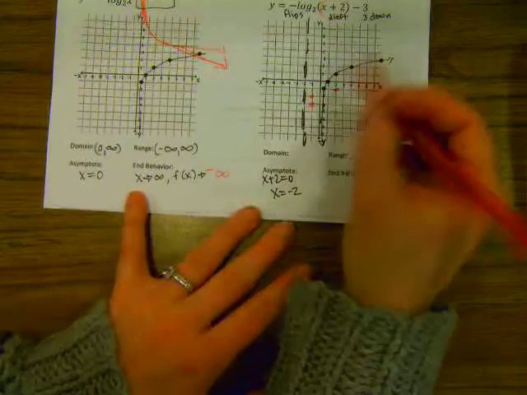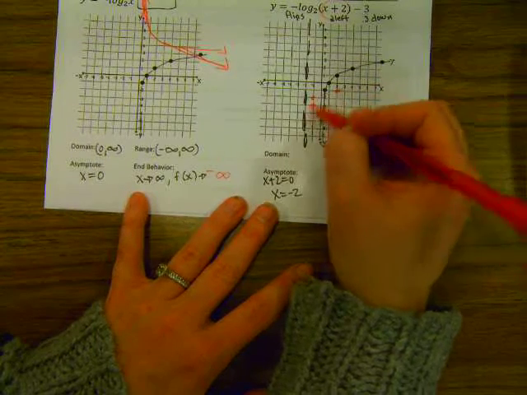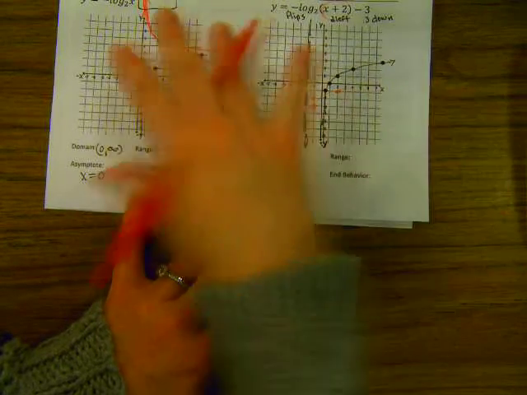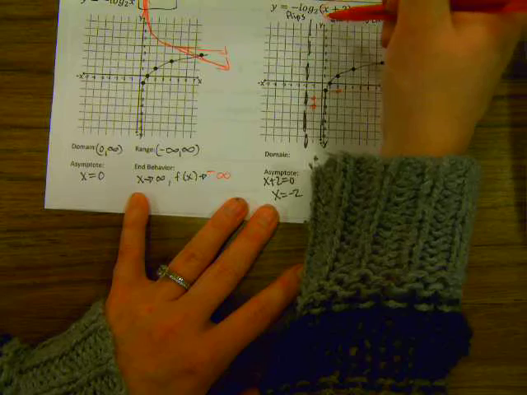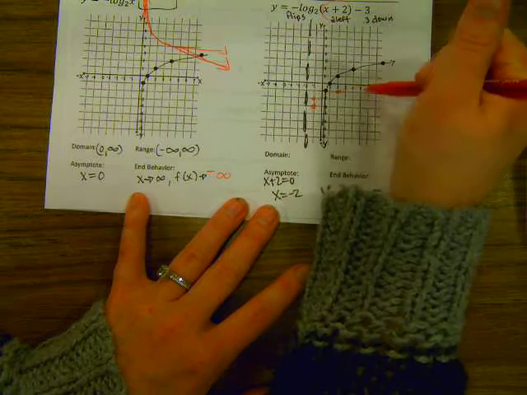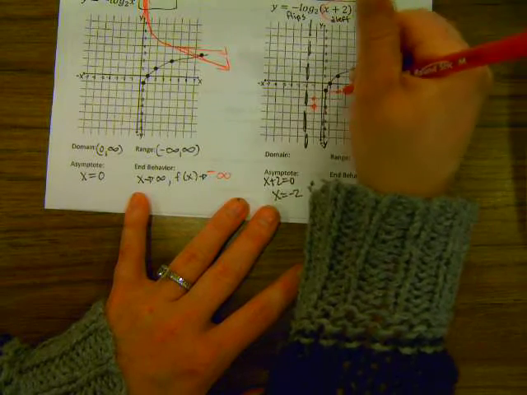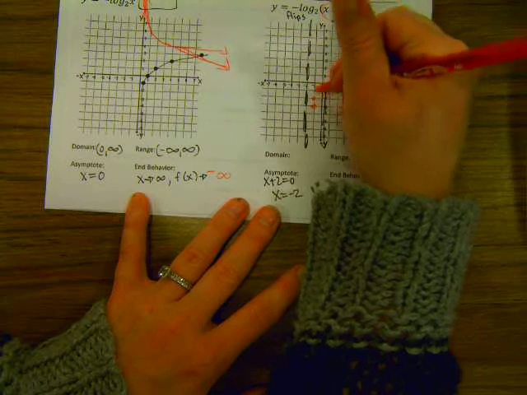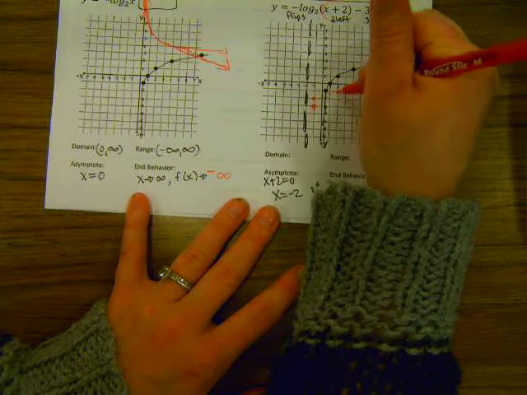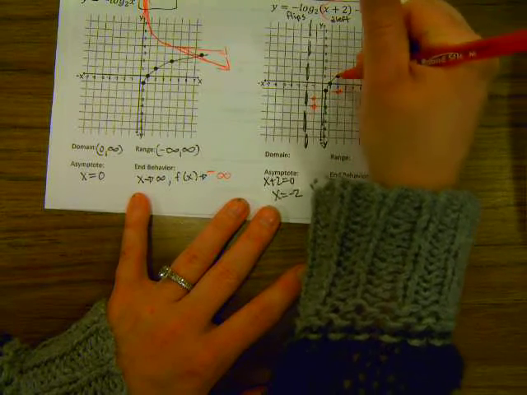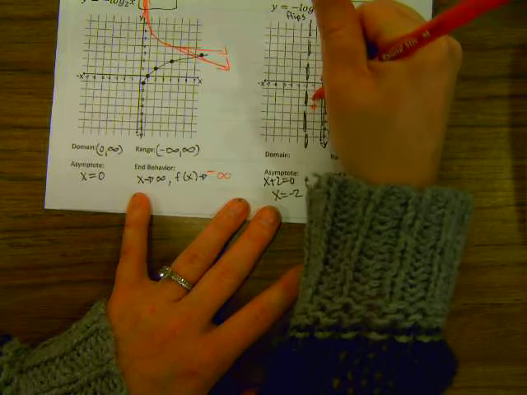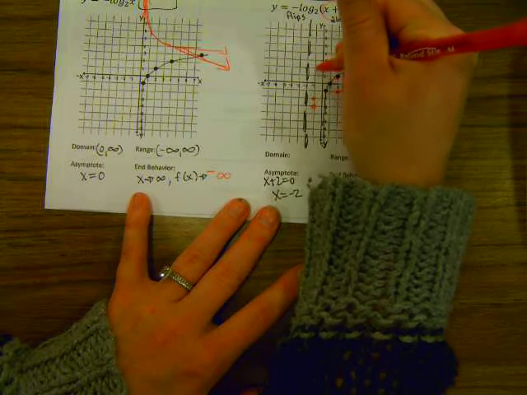But the graph is not going to go in the same direction as the original. It is not going to do that because it is flipped. So instead, it will come up more like this. So it's going to reflect over the x-axis. So instead of coming here, it's going to go here. Instead of here, it's going to go here.